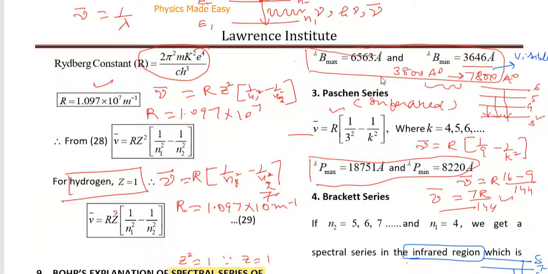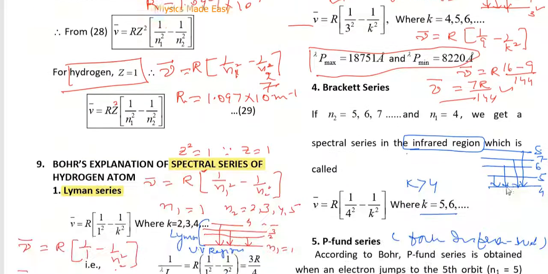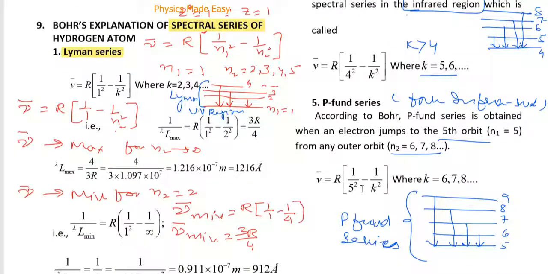In this way we found that the maximum wavelength corresponding to the Balmer series is 6563 angstrom and the minimum is 3646 angstroms. Similarly, the Paschen series when electrons fall from all the above levels to the third level, on the same line the fourth level gives Brackett and the fifth level gives Pfund series. In this way, we have dealt with the Bohr explanation of the spectral series of the hydrogen atom.